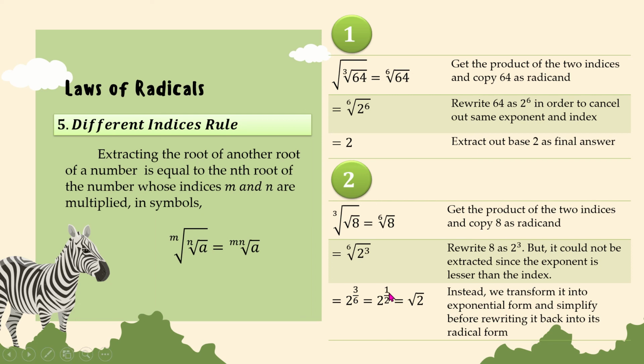The exponent 1/2 is composed of the 1 as the exponent of the base 2, and the denominator 2 is the index. If we recall module number 4, rewriting from exponential to radical form. So our final answer is the square root of 2.